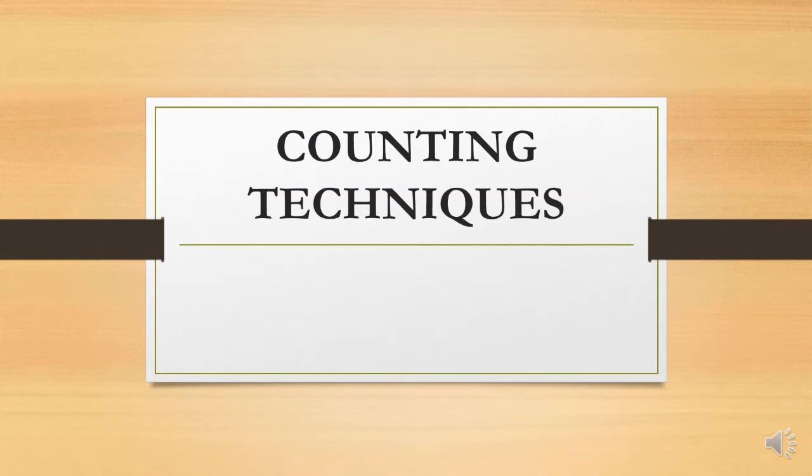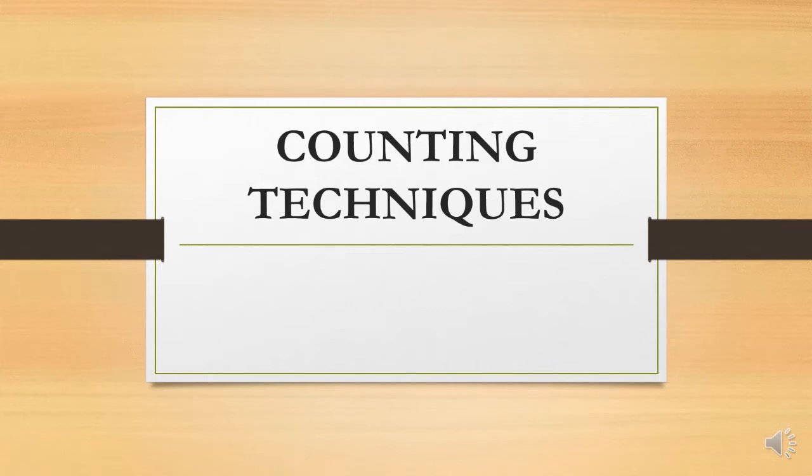Before we go to the proper solution or examples nung mga probability mismo, we will be discussing muna yung counting techniques. Kasi, itong discussion na ito is related to the computation ng probability.